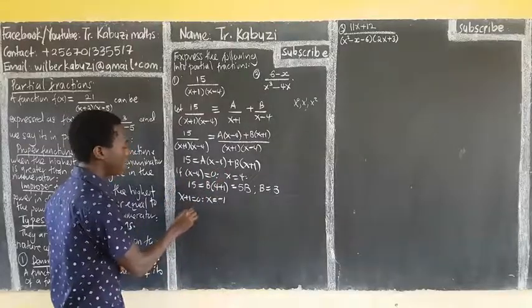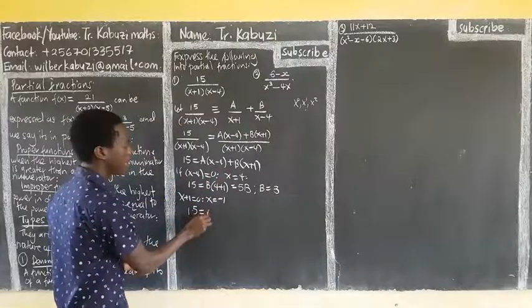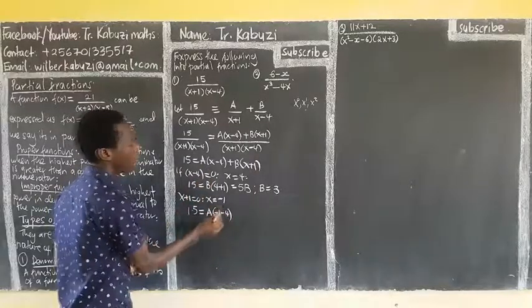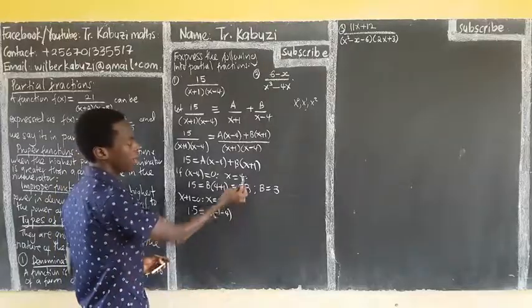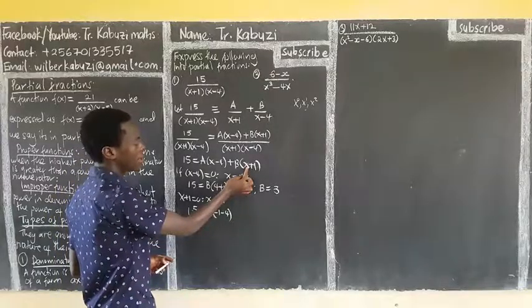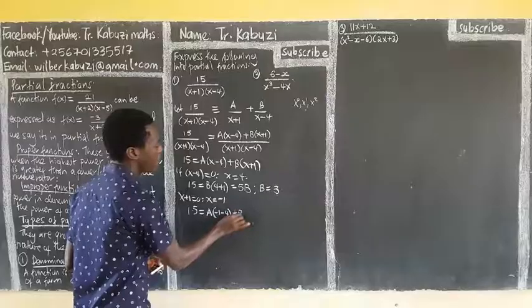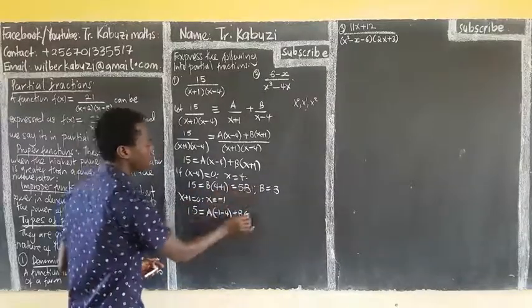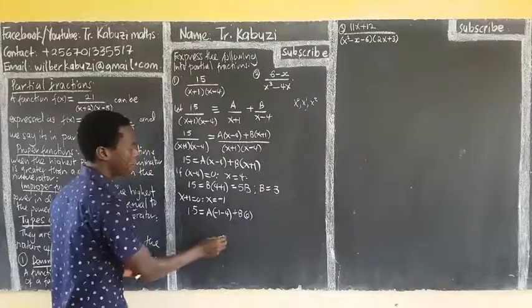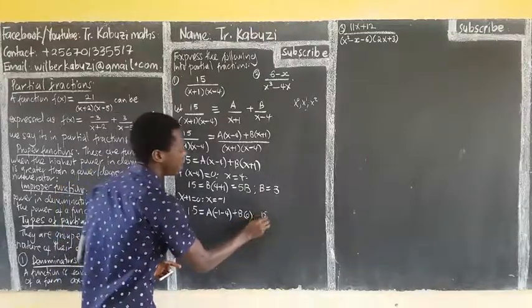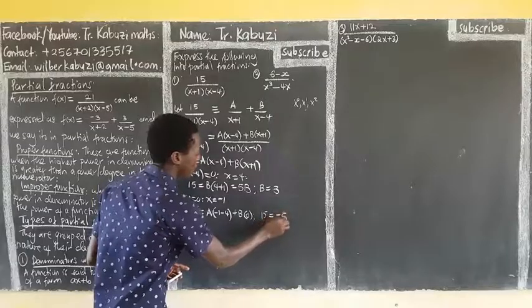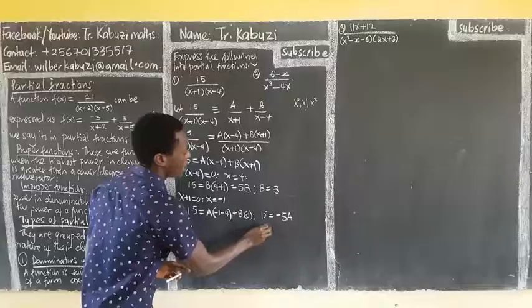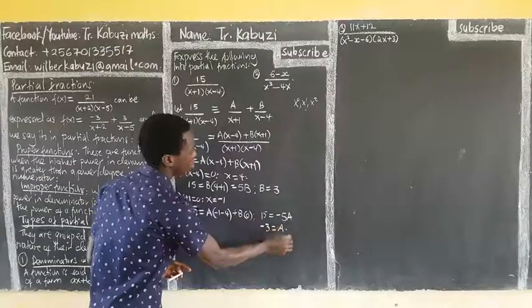I'm going to have 15 equal to A into negative 1 minus 4, where in this x we put negative 1, plus B into the whole of x plus 1, which is 0. So we have 15 equal to negative 5A, and if you divide by 5, you get negative 3 is equal to our A.